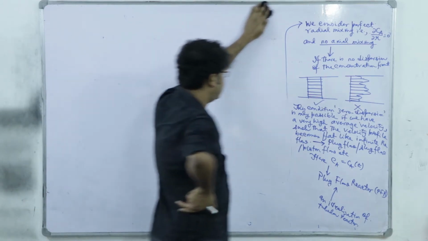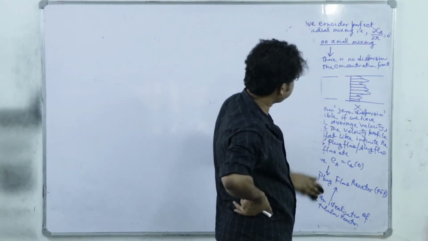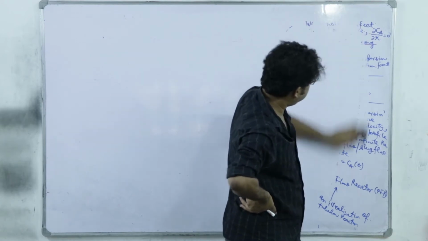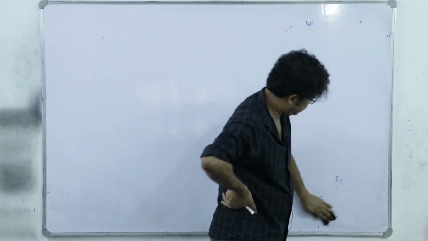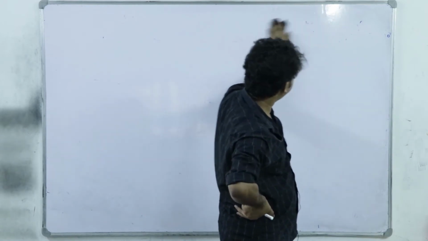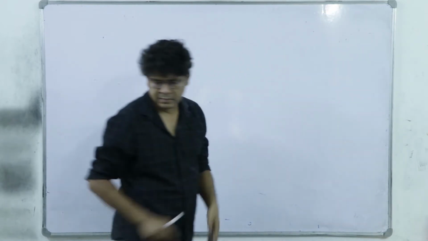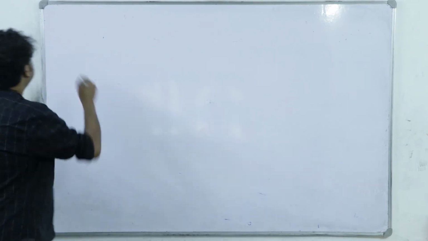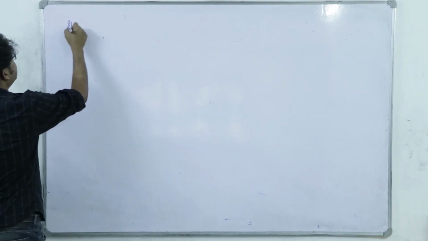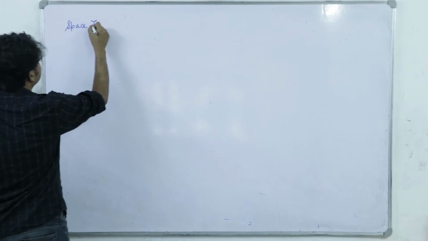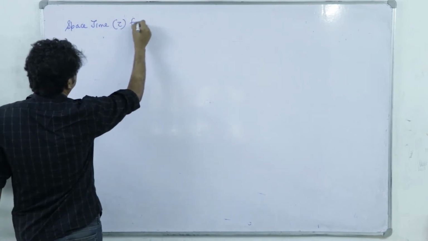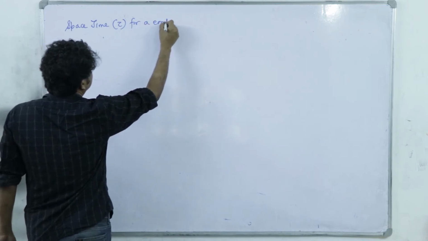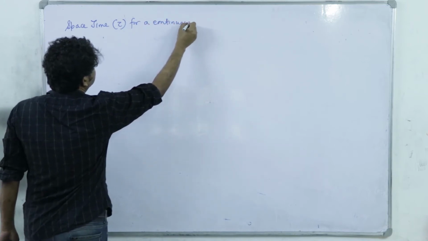Space-time is generally represented by tau for a continuous reactor.